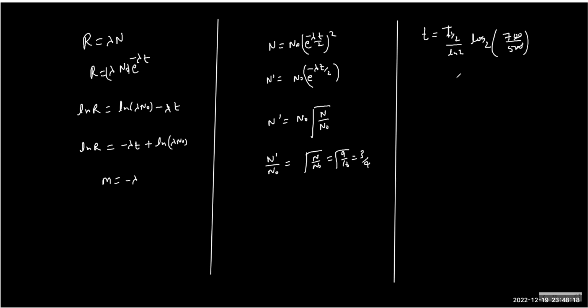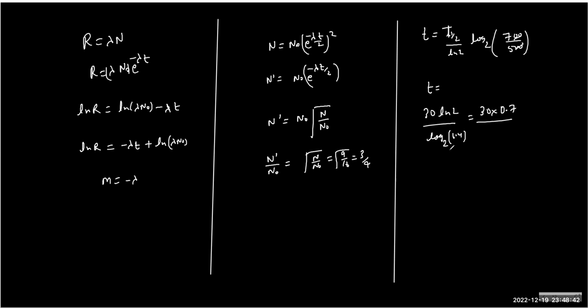Okay, anyway. This is given as 30 minutes. So 30 into ln2 by log of 1.4, right? So this is 0.7 roughly, 0.693.